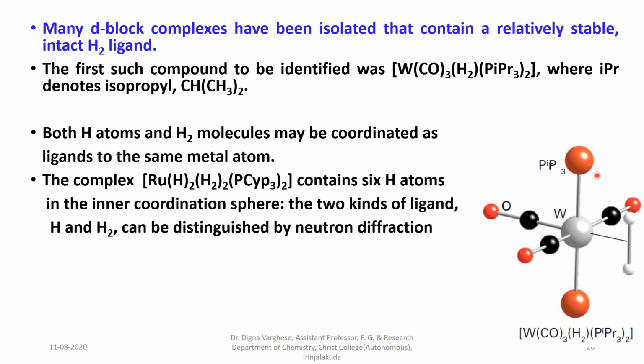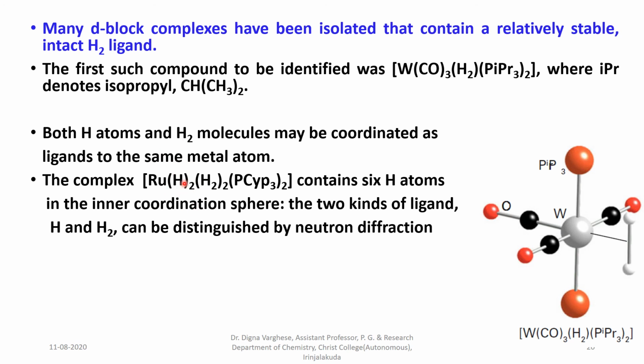A ruthenium complex contains 6 hydrogen atoms in the inner coordination sphere, of 2 kinds: 4 hydrides here and 2 hydrogen atoms as a molecule here.